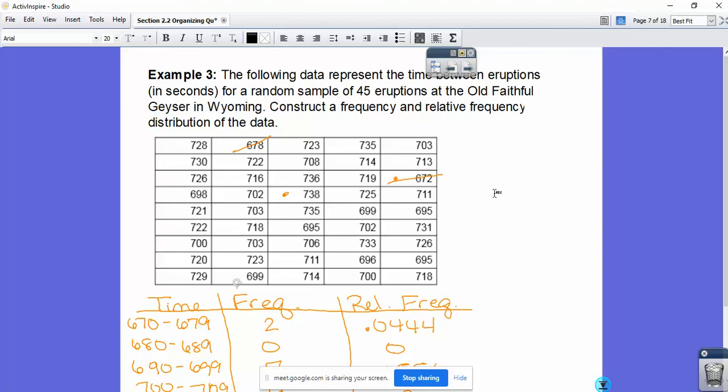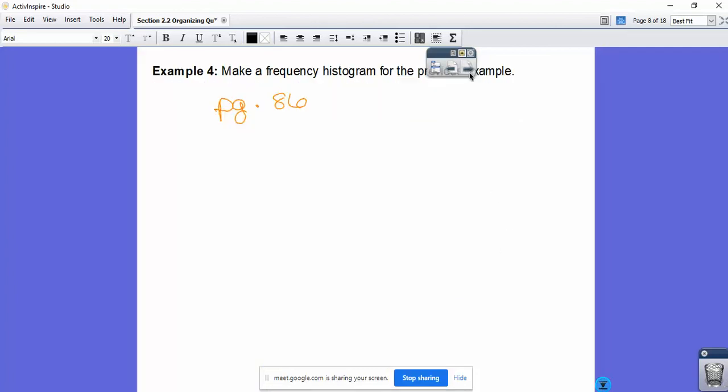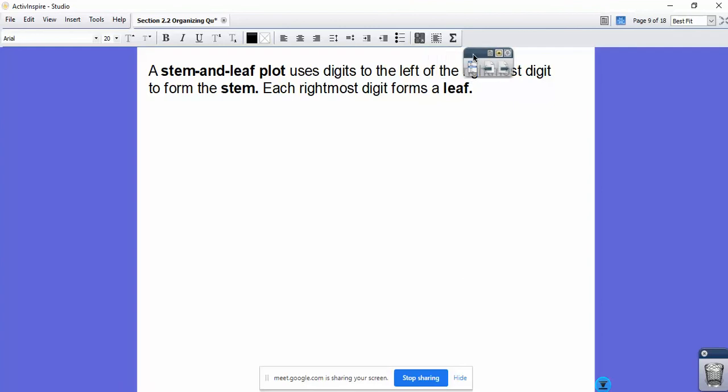In a stem and leaf plot, your leftmost digit is your stem and your rightmost digit is your leaf. I put an example on here, but we're not actually going to do the stem and leaf by hand. I'm just going to show you what it looks like for the sake of time.